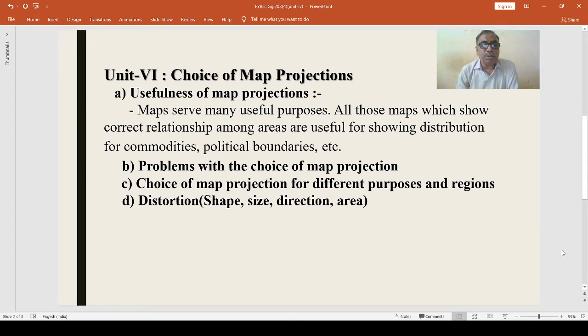There are many types of map projections according to various bases, but none of them is most suitable for drawing graticules accurately in different manners on a plane surface. There is not a single projection suitable for showing the correctness of shape, area, direction, and so on. Some projections cause intense distortion. In this way, there are problems with the choice of map projections.